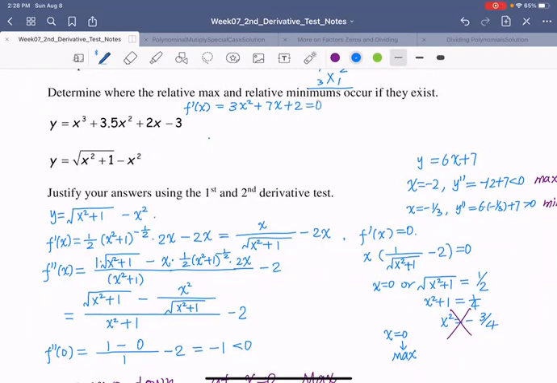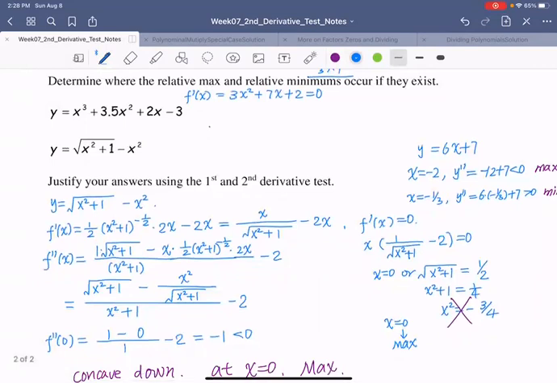How do we factor this one? That would be open parentheses 3x plus 1 close parentheses, and then open parentheses x plus 2. So x will equal negative 1/3 and negative 2.